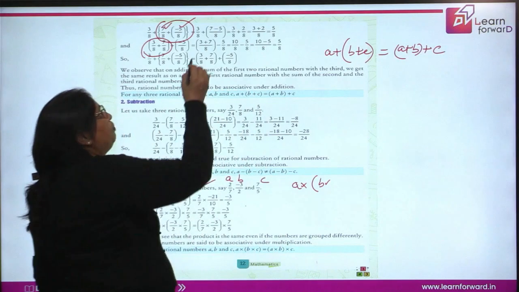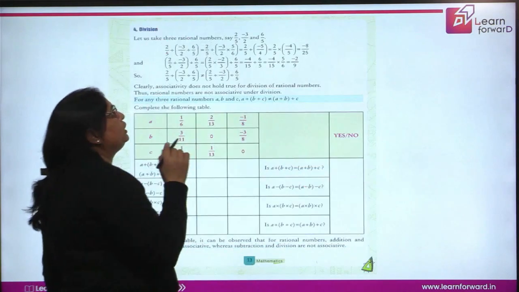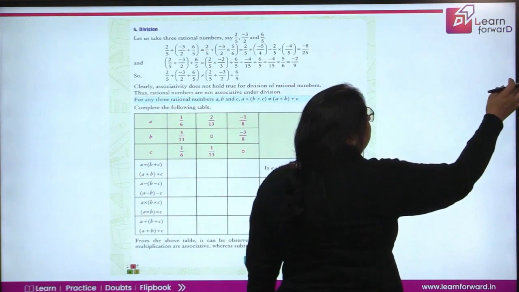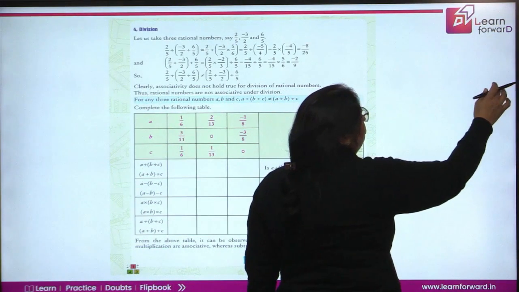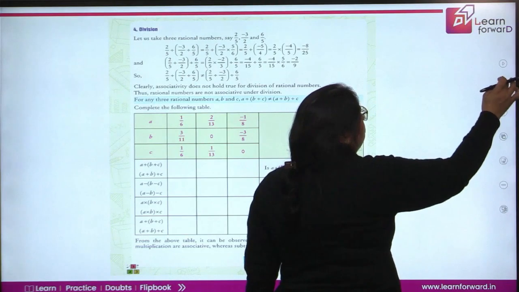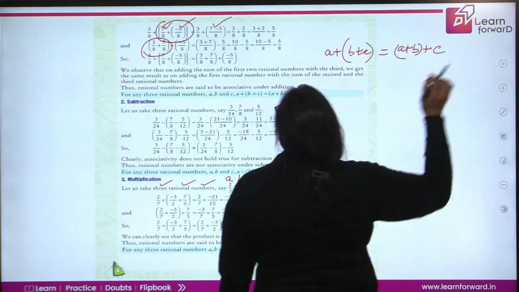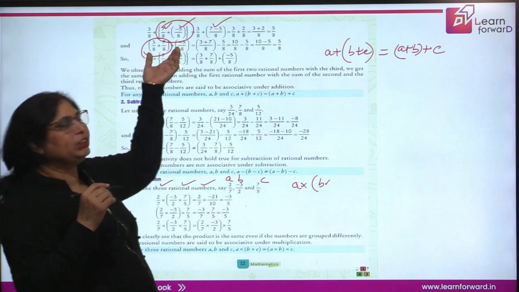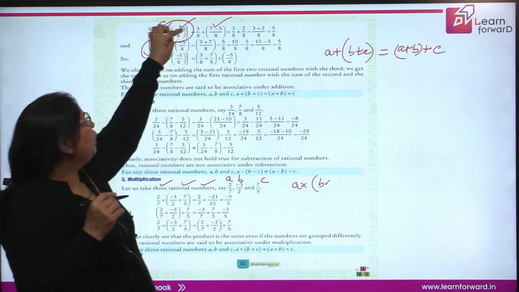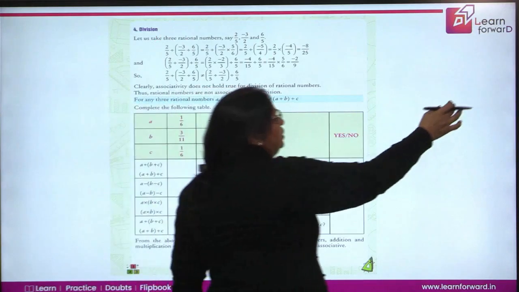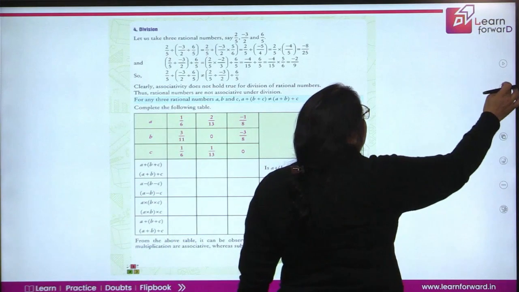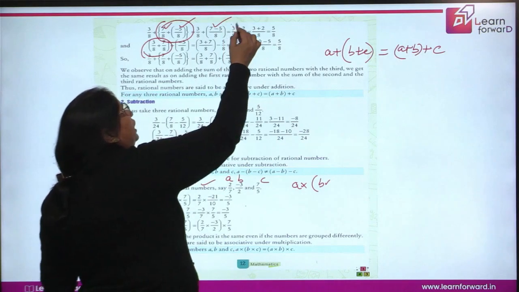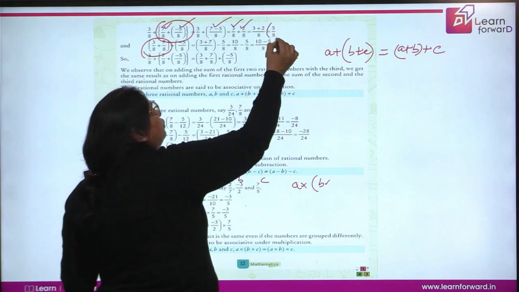So we are subtracting these two rational numbers within the brackets, as one of the rational numbers is negative, and 3 upon 8 is then added with 2 upon 8, the answer is 5 upon 8.